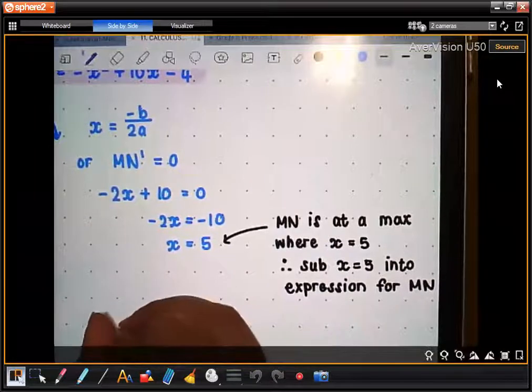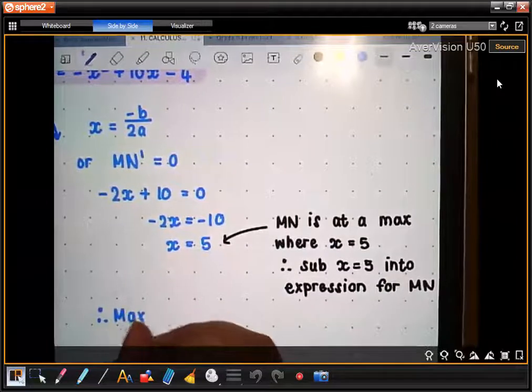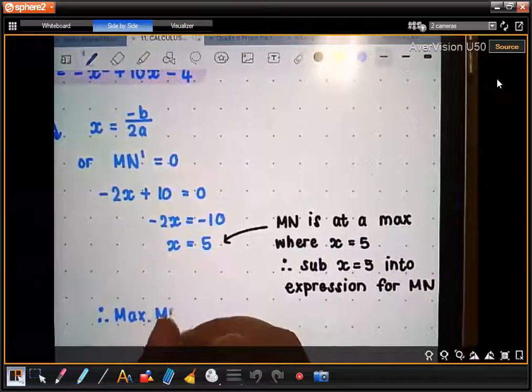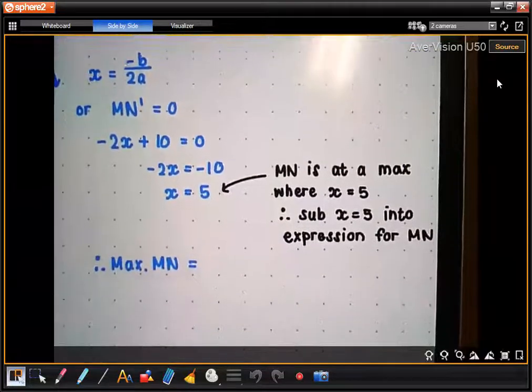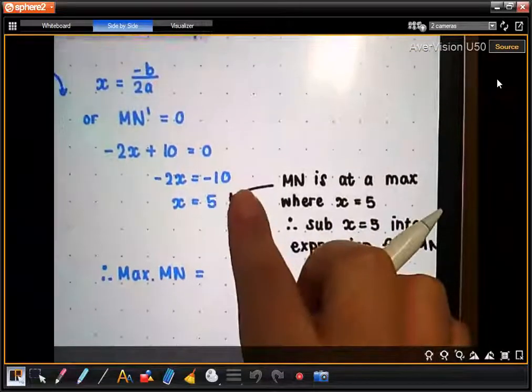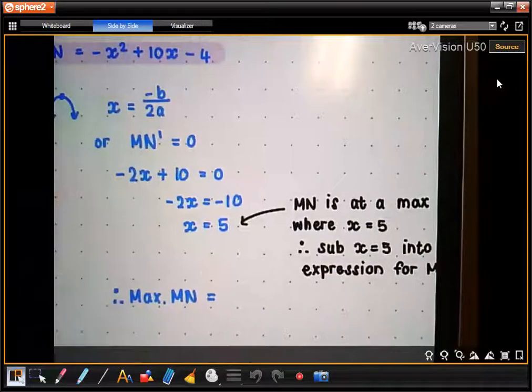Okay, so I'm just going to write here at the bottom, therefore, maximum MN will be equal to, now I'm using that equation up there, that expression that we got, negative x squared plus 10x minus 4.